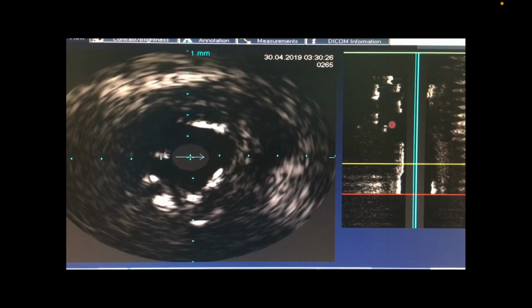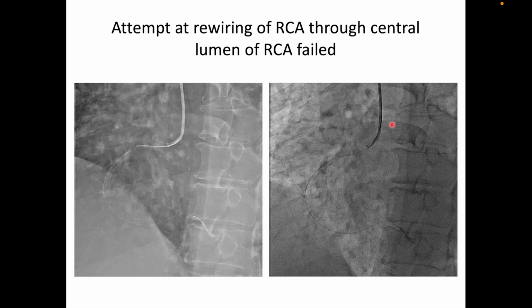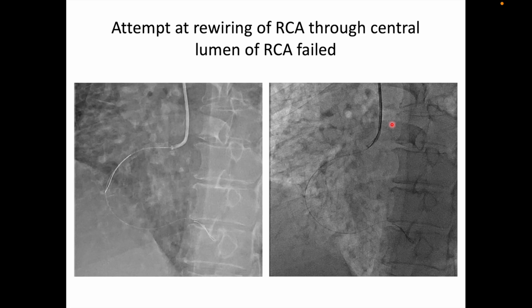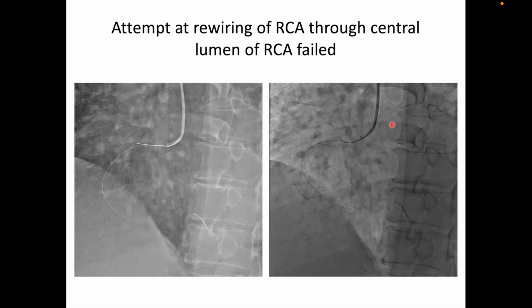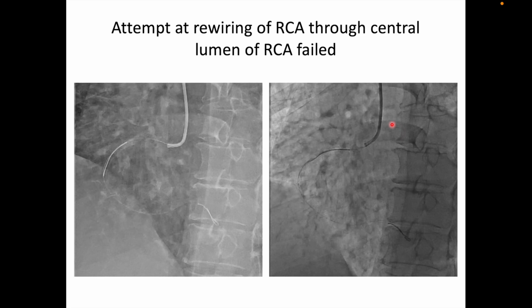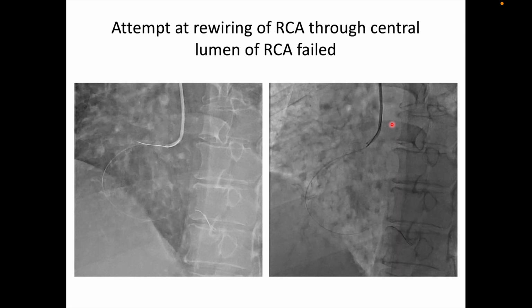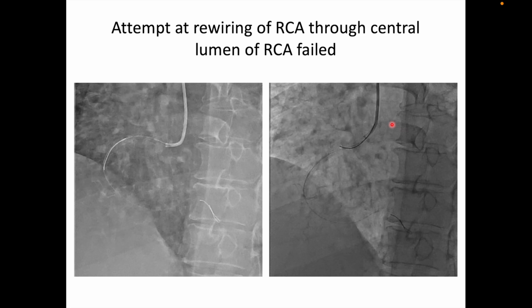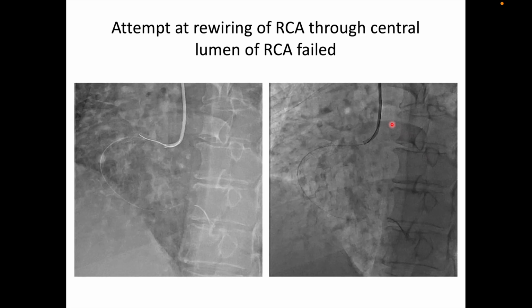So having seen that, now I tried to rewire through the collapsed lumen. I tried multiple times. It never works. I could never figure out where the true lumen was, and then I decided that this is not a very positive activity. I'm going to take the whole day standing here and not succeed.